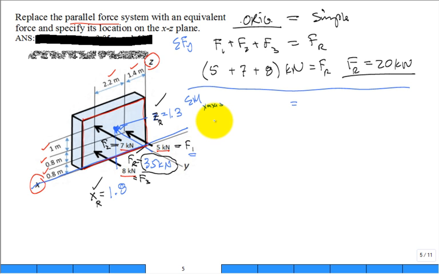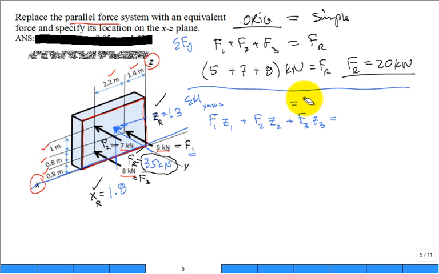I could write that equation as the magnitude of the force F1, using a scalar analysis, times the height z1 for that force. Isn't that my moment arm distance with respect to the x-axis? And then we have the magnitude of F2 times its distance away from the x-axis, which is z2, and then we have F3 times z3.